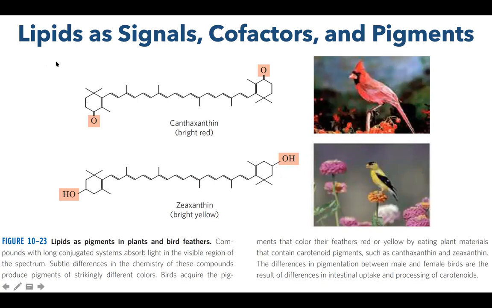Carotenoids are a class of compounds that can absorb light. It's because of the alternating double, single, double, single bonds. Because of this pattern, they can absorb light and give off a certain color.